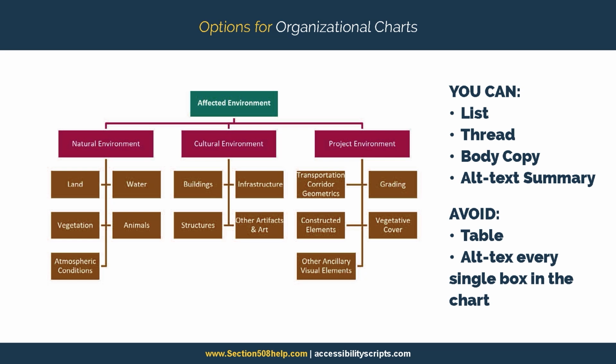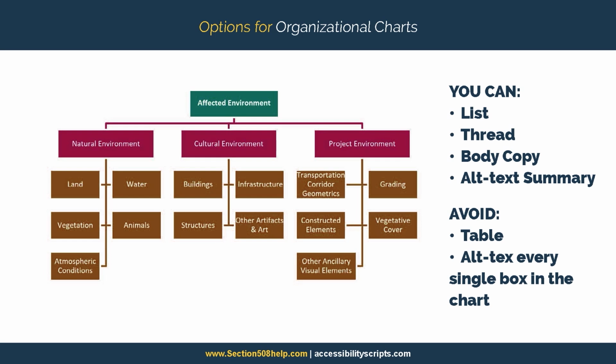The other thing you can do is provide alt text, which you could simply say org chart of affected environments divided into 3 categories: environmental, cultural, and project. That could be somewhat accessible. It isn't the best user experience, but it's better than just saying org chart of affected environment, right?